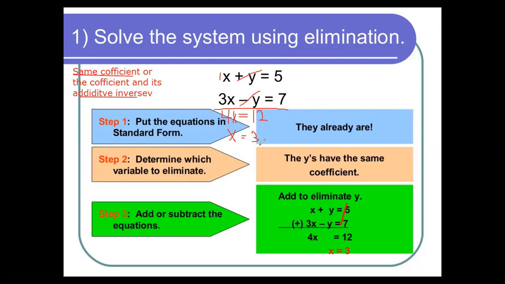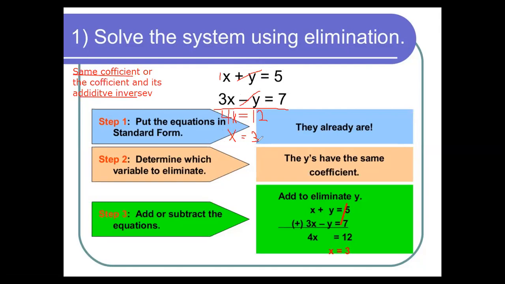We don't have y, right? Now we have only one variable, so we will substitute. Did you remember? We found the value of x, then we have to go back. I will replace in the first or the second, whatever. Both of them will give you the same answer.